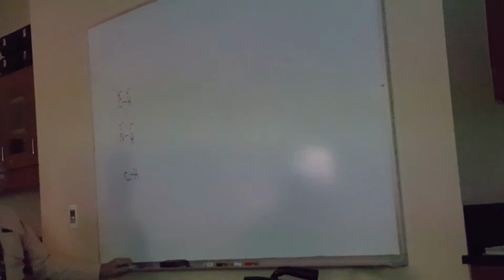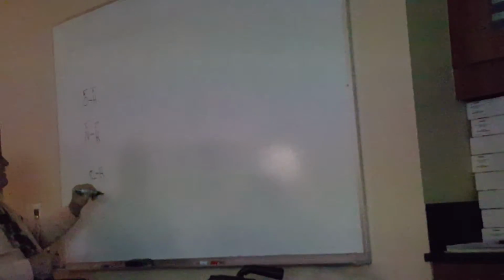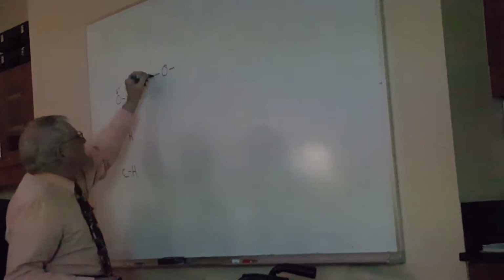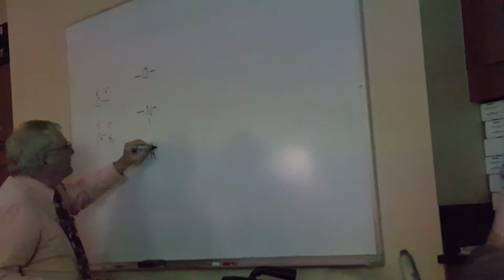First thing though, you've got to know the bonding rules for these simple atoms. I want you to know the bonding rules for oxygen. Oxygen always has 2 chemical bonds. Nitrogen always has 3. Hydrogen always has 1.